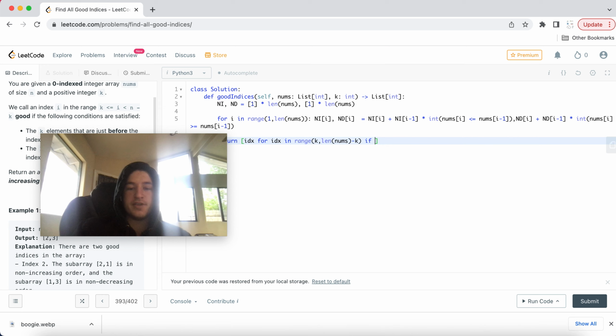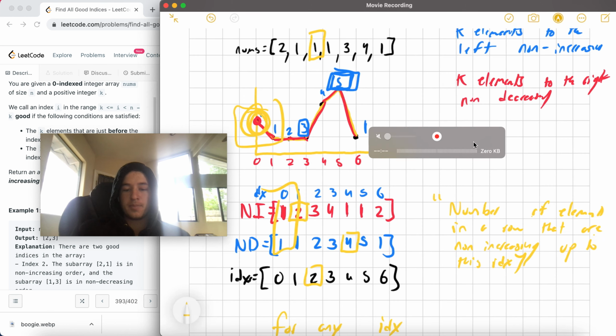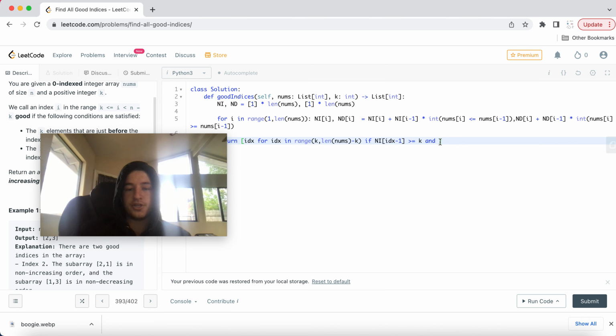So if non-increasing at the previous index, I minus 1, is greater than or equal to k, and we had to check k indices to the right to make sure there's at least k non-decreasing in that orientation, so non-decreasing at index plus k is greater than or equal to k. This will look at each index and only append it if it meets the condition, and it will naturally be in order because we're looking through each index in order.